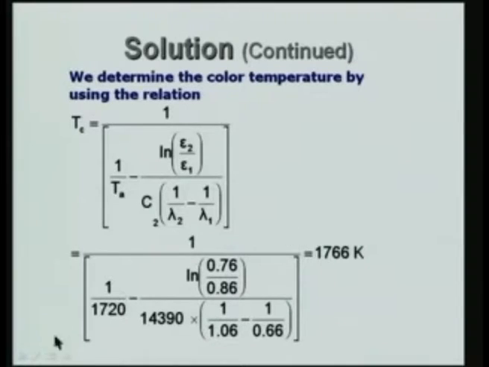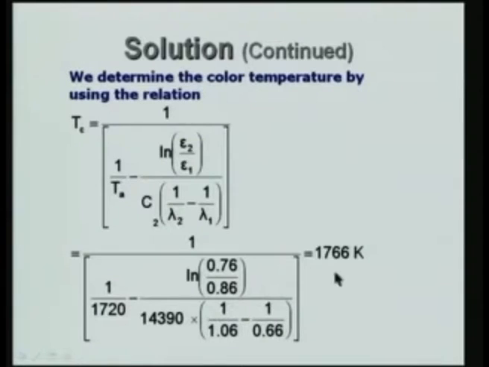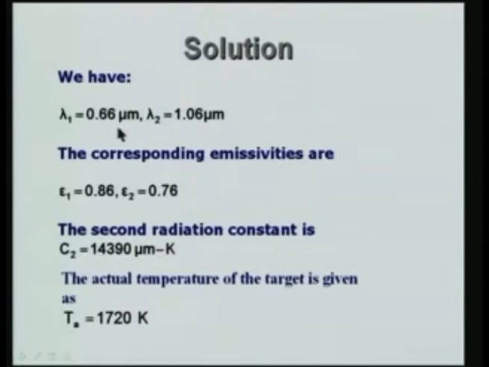So, if you go back, you see that the actual temperature is 1720 Kelvin and the color temperature is actually higher. It is actually 1766 Kelvin here. That is because the variation of the emissivity with wavelength is a particular variation which is given here. In this case, you can see that at the lower wavelength the emissivity is higher and at the higher wavelength the emissivity is lower.